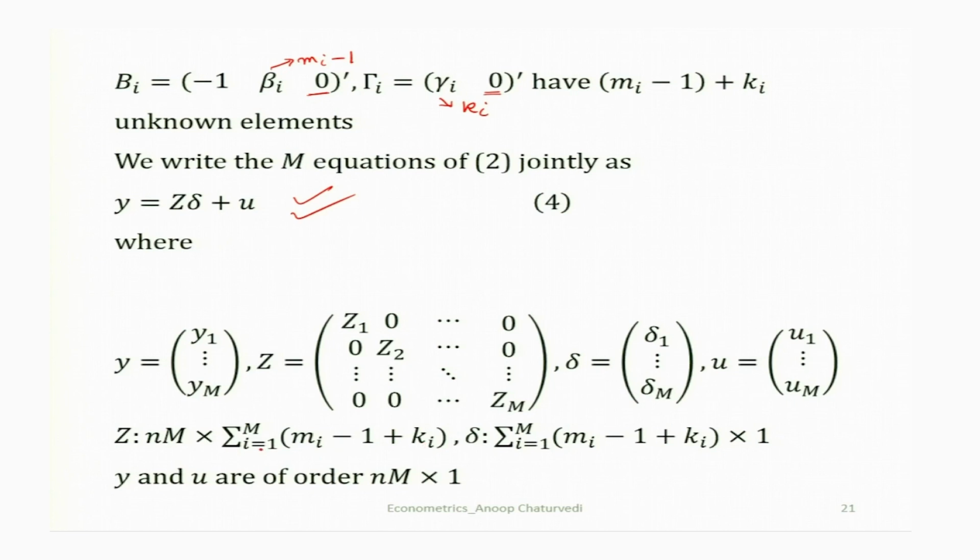So, total number of columns in Z matrix is summation i equal to 1 to M of m_i minus 1 plus k_i. And then delta is of order summation i equal to 1 to M of m_i minus 1 plus k_i cross 1. And small y and u are of orders n into capital M cross 1.